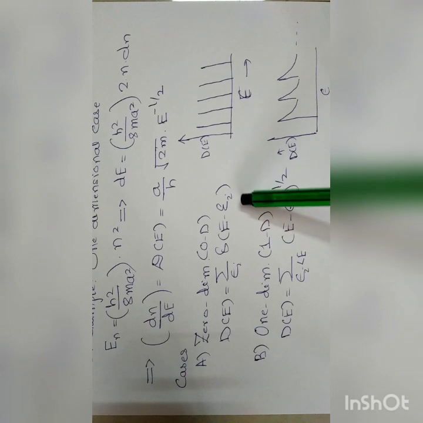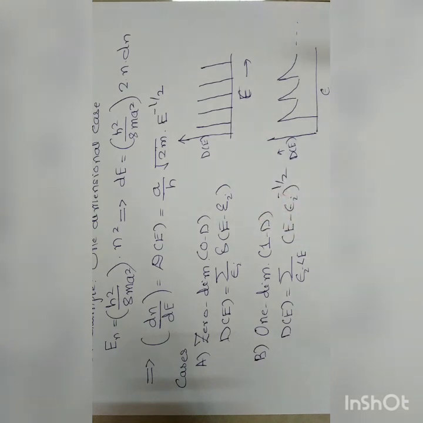You have to put in discrete values of Ei, so what you get are discrete energy levels. If you plot a graph of density of states as a function of energy, what you get is simply lines. These are nothing but energy levels of an atom. In fact, an atom or a few atoms together we can refer to as a zero-dimensional material, and the energy levels are very discrete and very similar to what we have in the case of an atom.